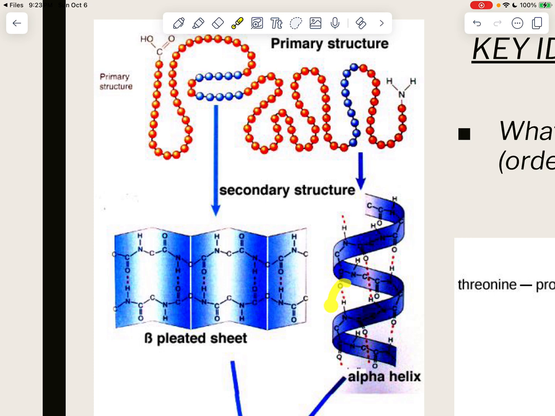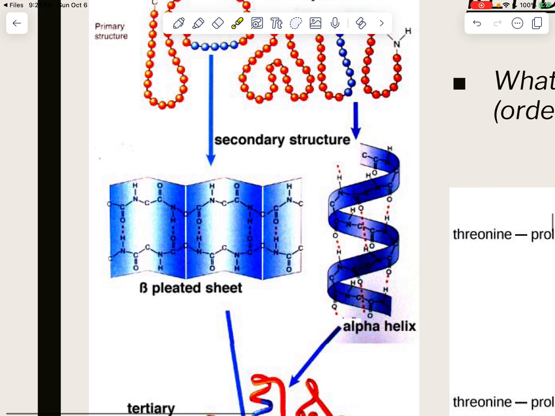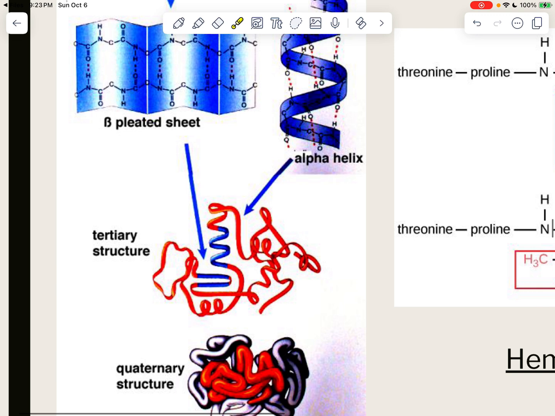You can see the weak bonds here between the oxygen of one amino acid and the hydrogen of the other. And so we think about this like the initial bends and twists in a ribbon that begins to fold. Eventually they fold into a tertiary structure. Tertiary structure is going to be the three-dimensional shape of a protein.